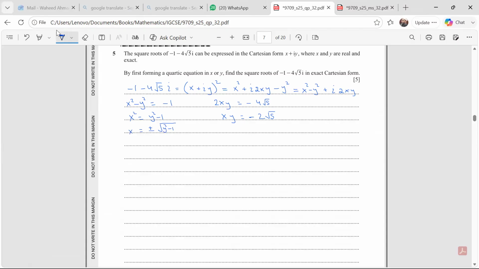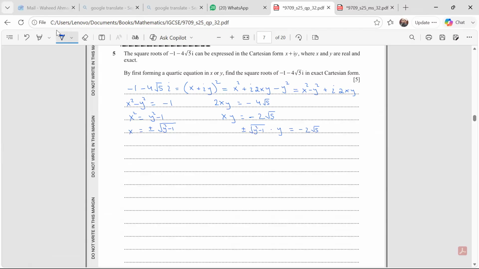If you substitute this value into xy, x is plus minus under the root y squared minus 1, and this is x into y, which is equal to -2 under the root 5. So we have one equation with one unknown, y.